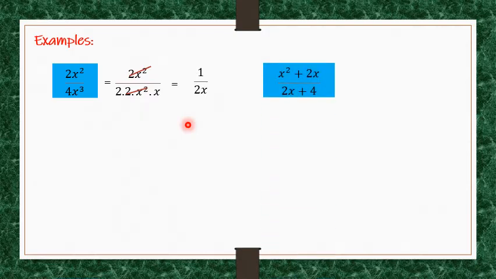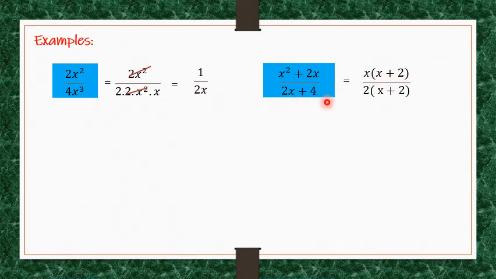Another example is x squared plus 2x over 2x plus 4. The application of this is the common monomial factor. Now let's check it out. For this factoring of common monomial, we have x times x plus 2.